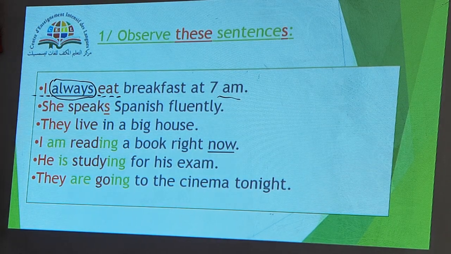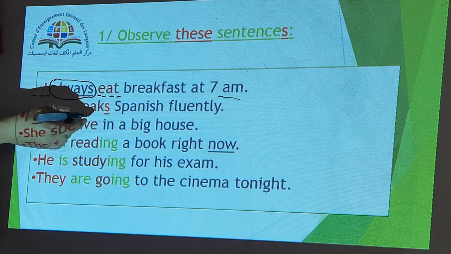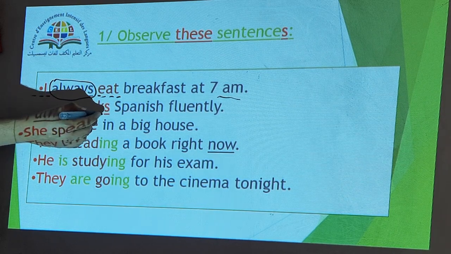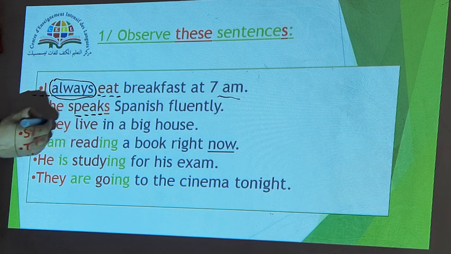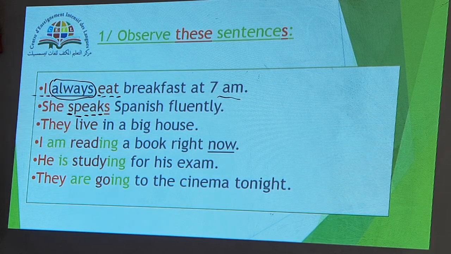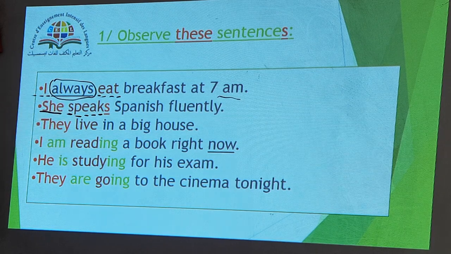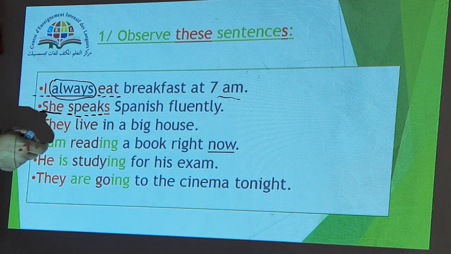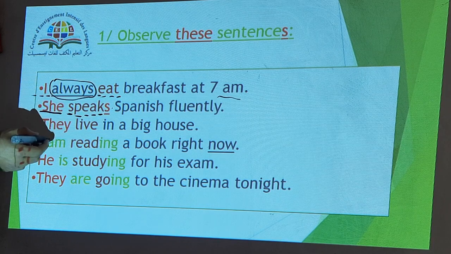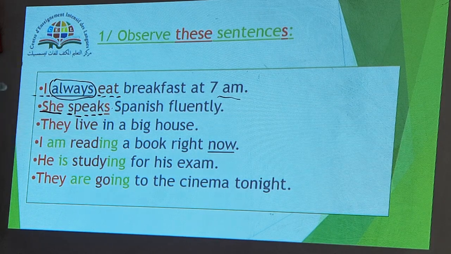So the second sentence: she speaks Spanish fluently. You might recognize our verb, the verb to speak, and our subject is she. Okay? So she speaks. We have added an S because of the subjective personal pronoun she.